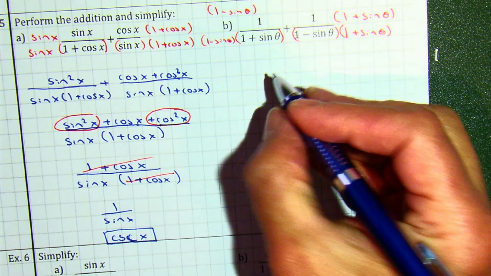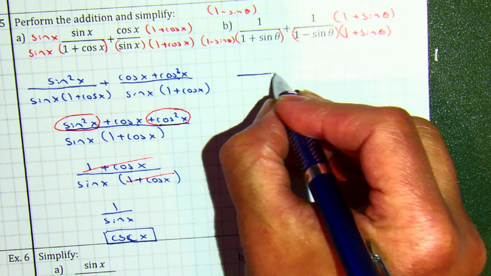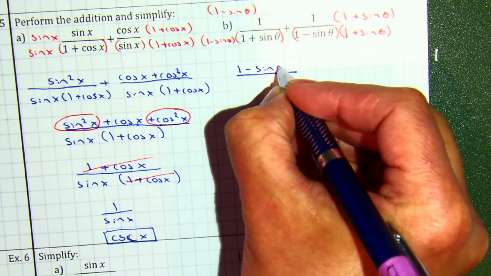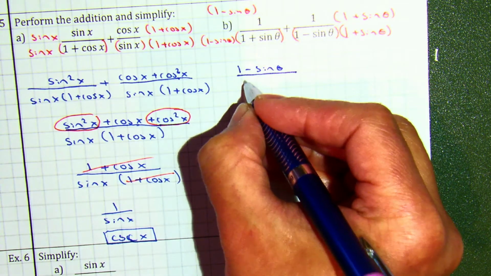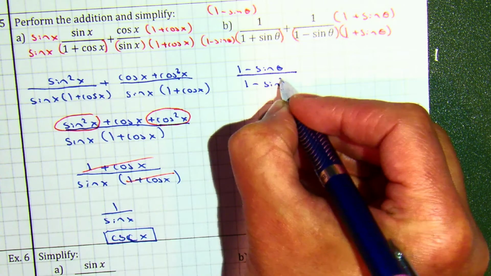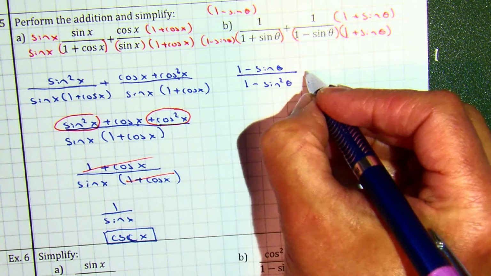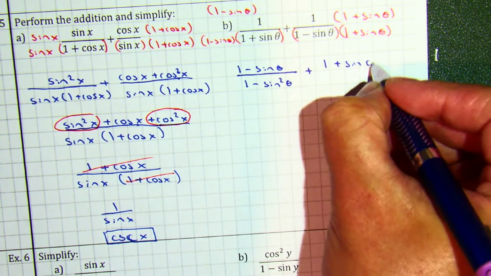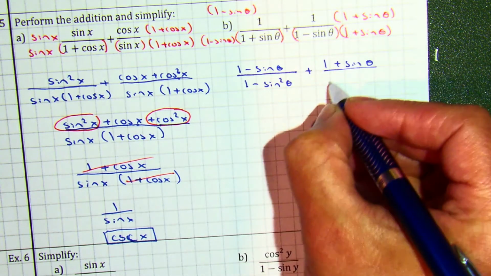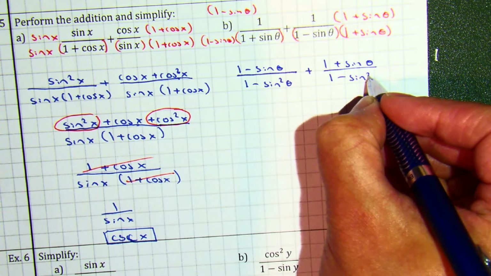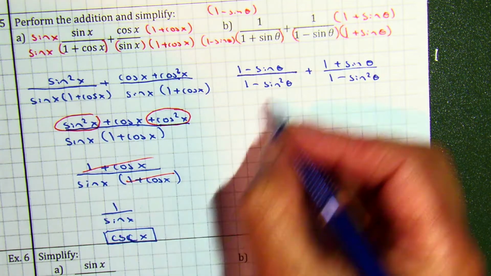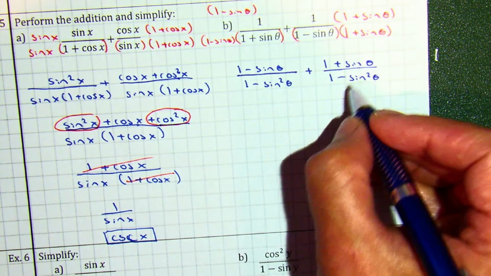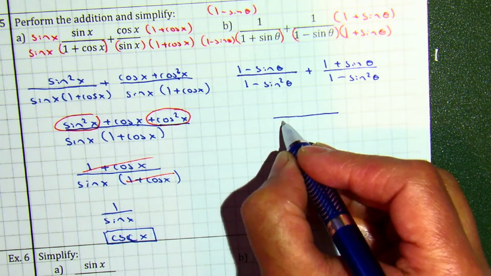So I'm going to multiply by 1, which gives me 1 minus sine of theta, and that gives me 1 minus sine square of theta, plus 1 plus sine of theta, difference of two squares, 1 minus sine square of theta. Remember, this cannot cancel. But now that they have the same denominator, the denominator will stay the same.